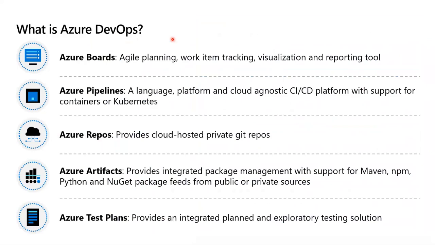So Azure DevOps is a portal that is going to offer me different products to apply all of this we already talked before. For example, Azure Boards allows me to have agile planning, work items or a list of activities that must be completed, and this makes easier the process of creating reports, such as the amount of time it is taking me to pass from to do to in progress, or from in progress to done.